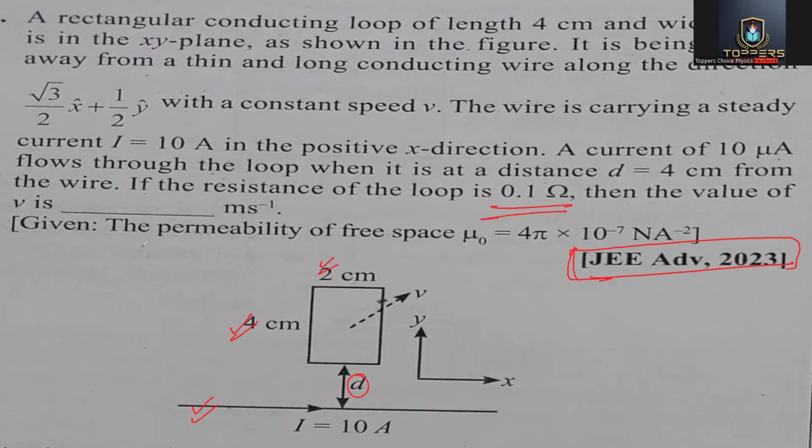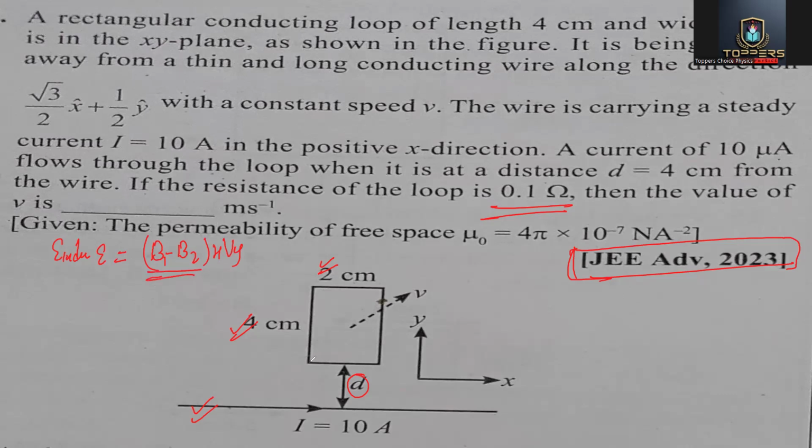So if we are going to find the induced EMF, E is equal to what will it be? Look here. Induced EMF will be the change in magnetic field, B1 minus B2, into X into Vy. Now you will ask why we are taking the difference of magnetic field.